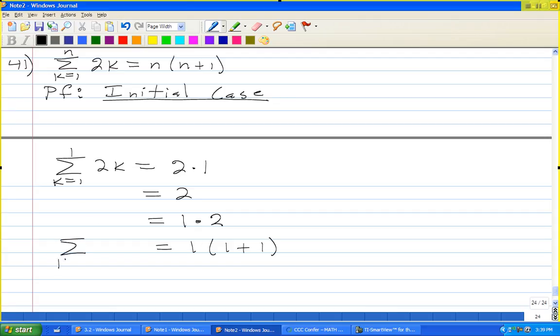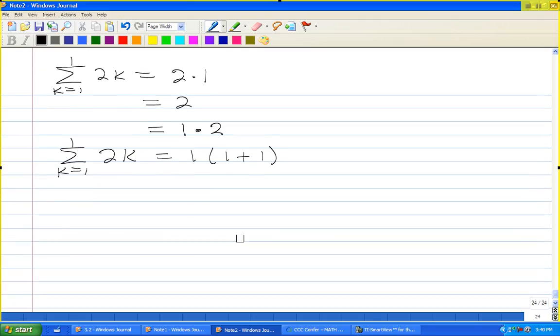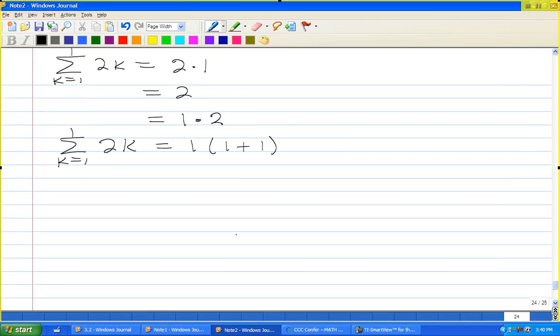So I've shown that this formula works when we replace n here by 1. Okay, so the initial case holds. Let's do the induction case.